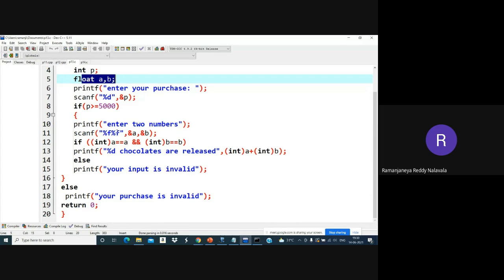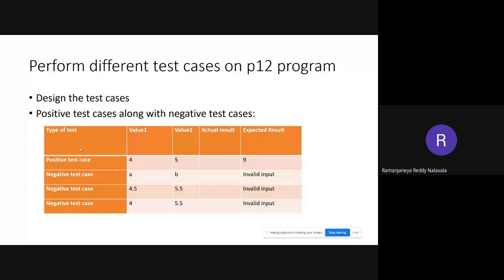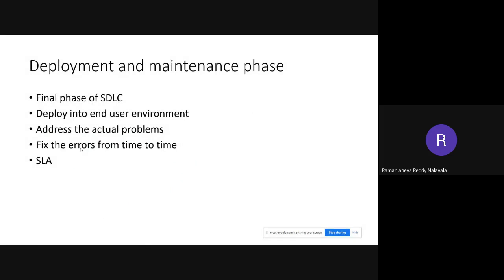Once a tester has successfully tested this application, then this code is the perfect one. Once it is perfect, it is forwarded to the deployment and maintenance phase. This is the final phase of SDLC, and it is deployed into the client environment. If any feature error occurs, the maintenance department will come and fix the errors based on the SLA.